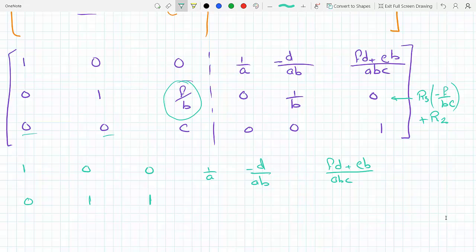This, as I promised, will be a 1 because you will get minus f over b plus f over b, this will be a 0. Now this is a 0, and this is a 0, so nothing will change here. We will get 0 1 over b.